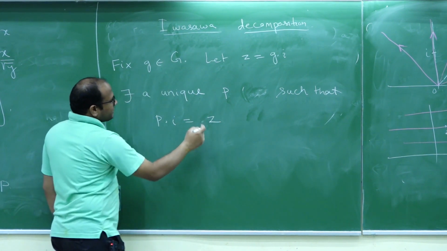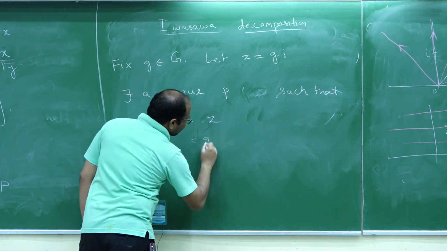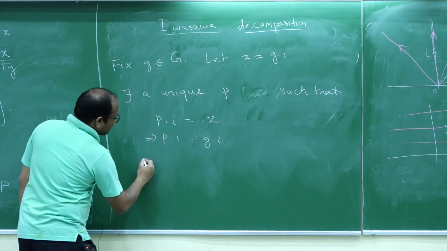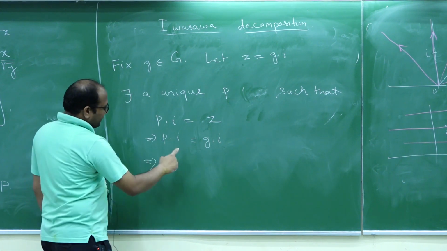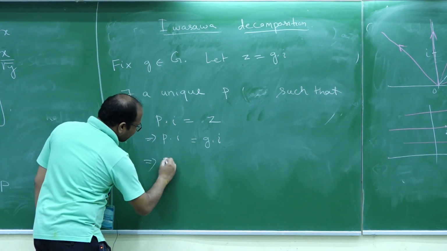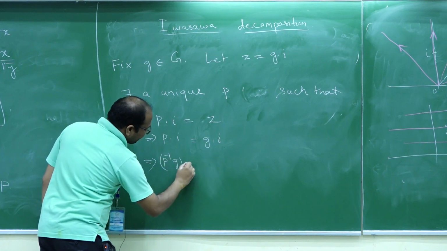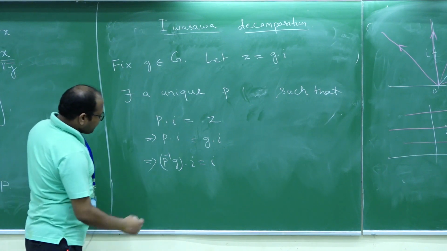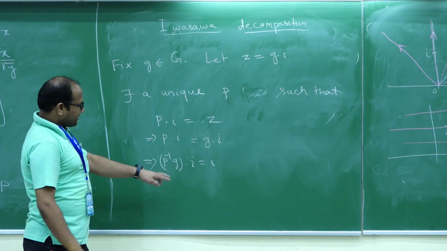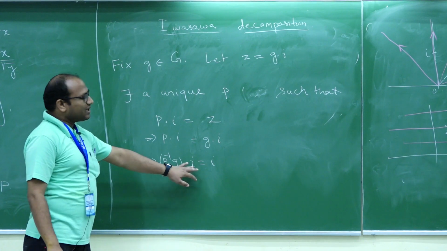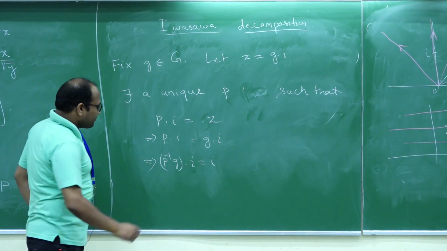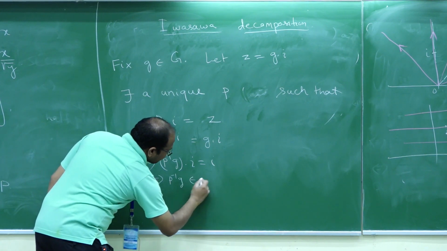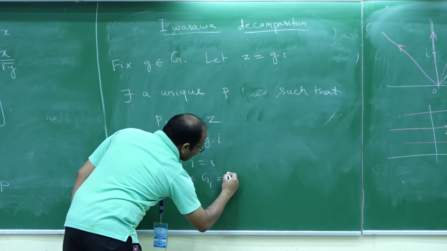But g dot i is equal to z. Right? p dot i is equal to g dot i. So now I can take p that side. So p inverse g dot i is equal to i. So that means this p inverse g is in the stabilizer of i. So that means p inverse g belongs to K, because I have proved that the stabilizer of i is nothing but K.